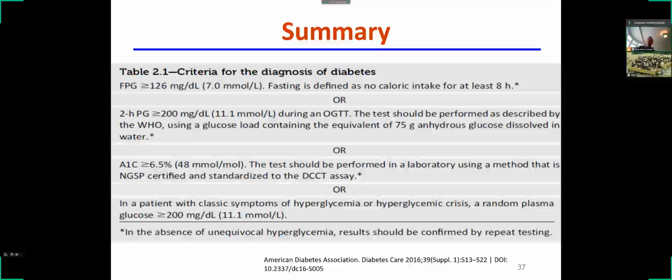Then you have the OGTT, where you give them a sweet drink and then test glucose levels after 2 hours. Or you can test for the A1C levels, as we mentioned. Again, the advantage is the patient doesn't have to fast.